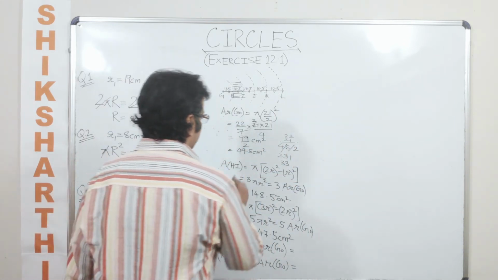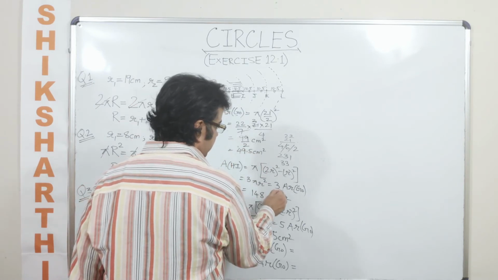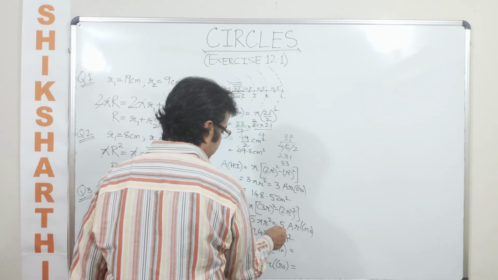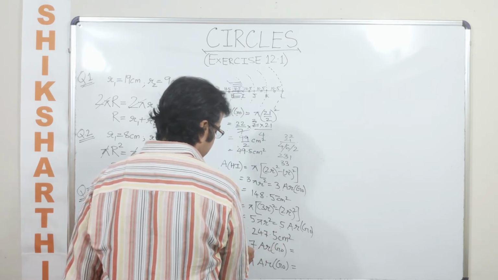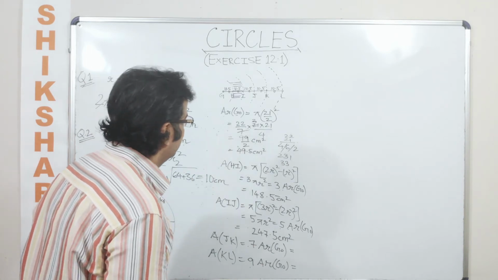So the point here is, if this area was A, the next area comes out to be thrice of A, the next area comes out to be 5 times of A, the next area comes out to be 7 times of A, the next area comes out to be finally 9 times of A.